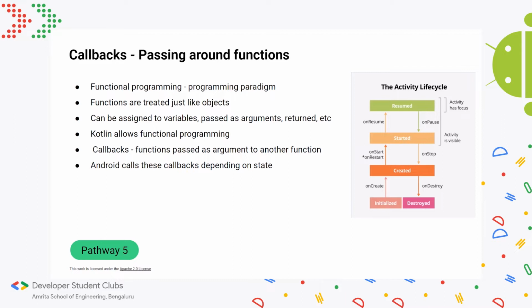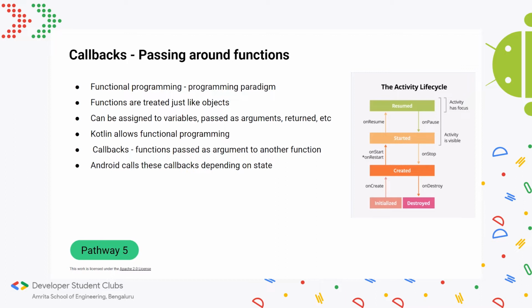It's that everything is a function, not an object anymore. So you can assign functions to variables, pass them as arguments into other functions, and even return them from other functions. So it's just like what you do with a variable and an object in object-oriented programming, except this time it's with functions. And like I said before, Kotlin allows this, and that's exactly what callbacks are: functions passed as arguments to other functions.